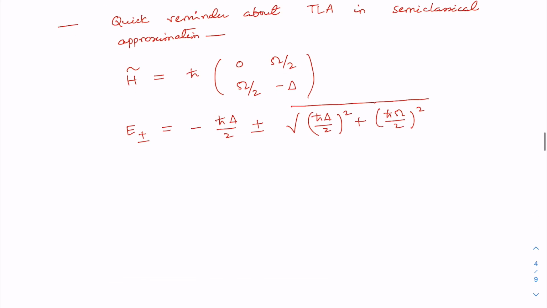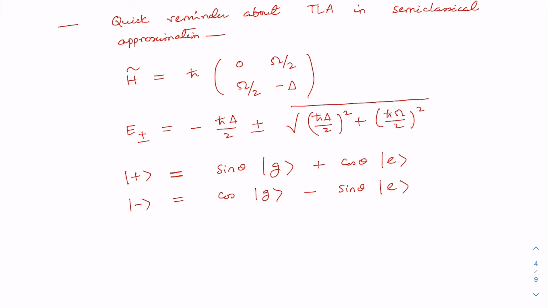Okay, and the dressed states we worked out as we defined it such that ket plus is equal to sine theta, the ground state of the atom, the ket state ket z, plus cos theta ket e, while here we had ket minus is equal to cos theta ket z minus sine theta ket e.